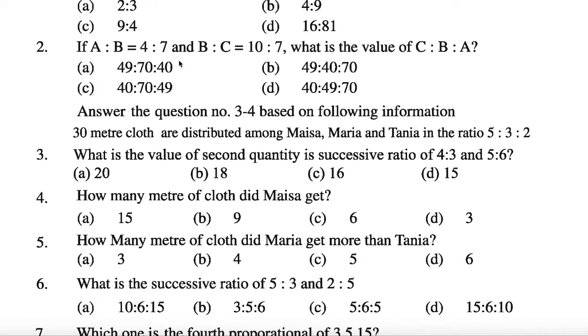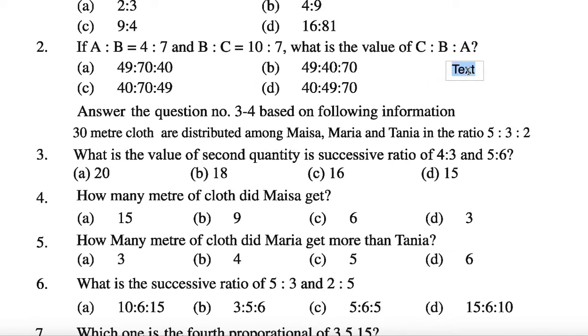Okay, let's proceed further. A is to B is this, B is to C is this. What is the value of C is to B is to A? As we discussed earlier, the B part should be common. Then only we can express it in an extended fraction form. So B part, how to make it common? 7 and 10 are co-primes. Then what should we do? Multiply with 10.